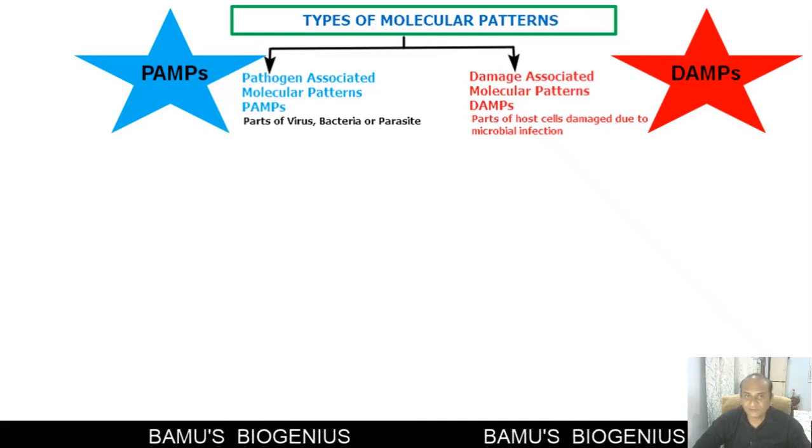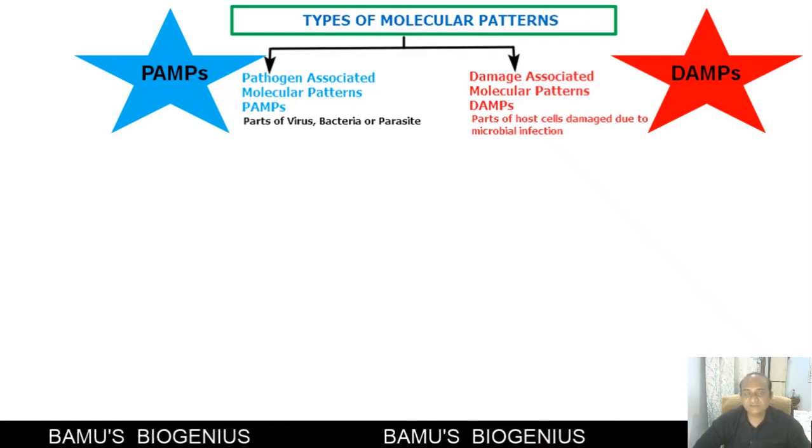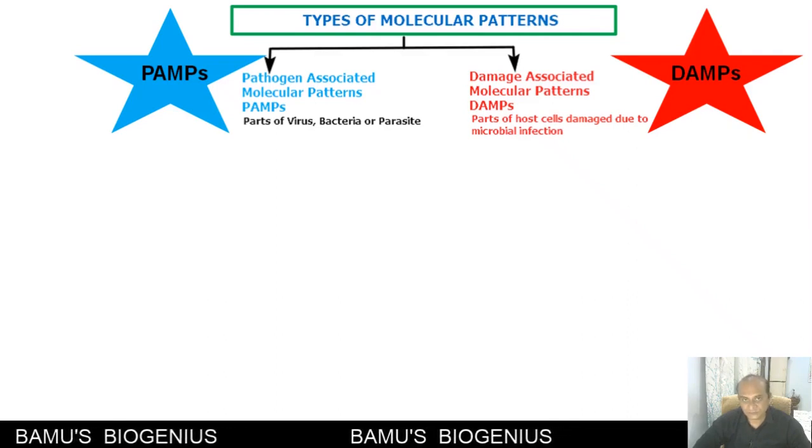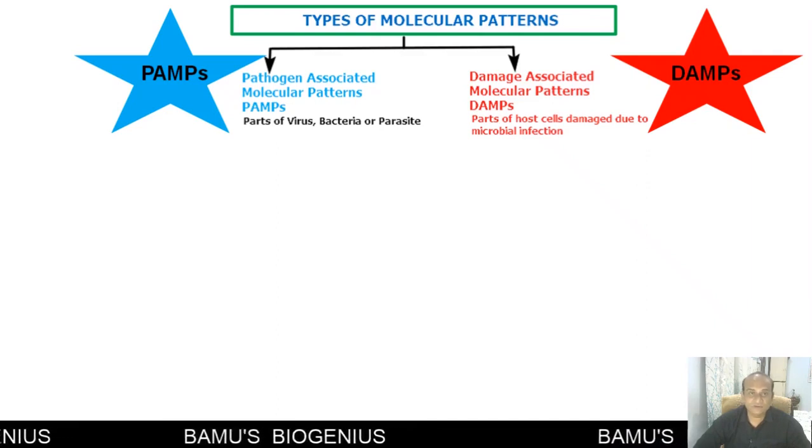These two types, PAMPs and DAMPs, are identified by certain kinds of cells of the innate immune system, which have certain kinds of receptors on them. These receptors are responsible for identification of these PAMPs and DAMPs.